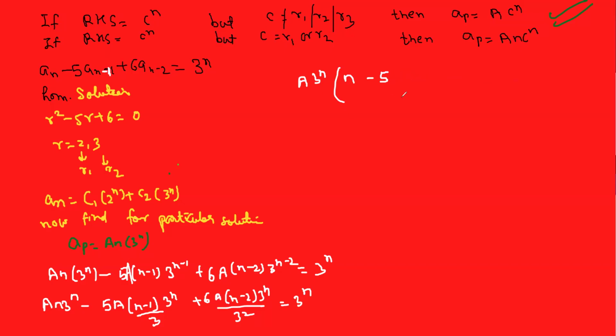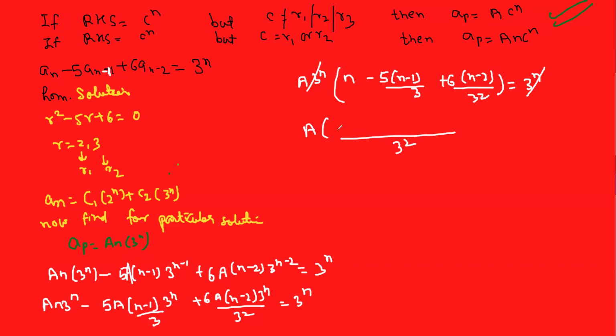See. Cancel. Multiply 9 on both sides. Why? So that 3 square will cancel out. Or you can take 3 square LCM. 9 n minus 3 into 5, 15, right? n minus 2.